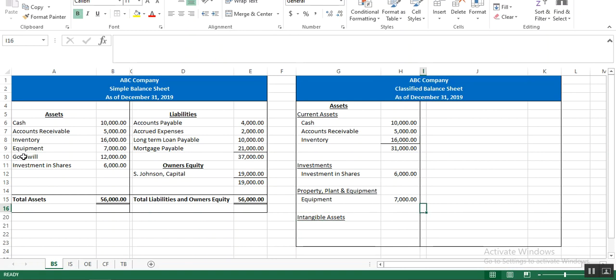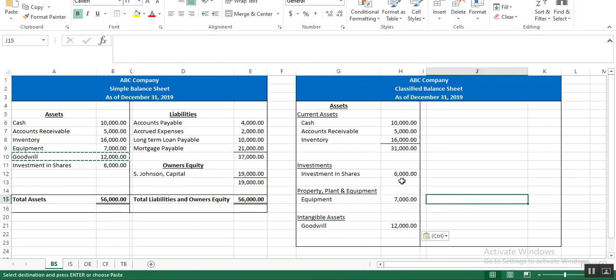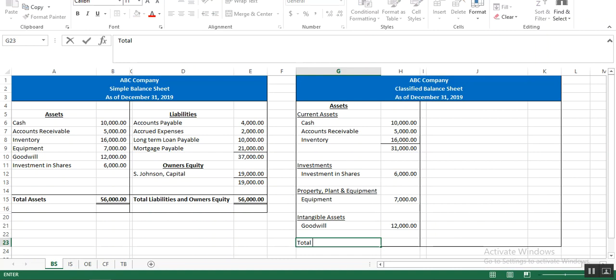And the only one underneath there is goodwill. And so let's copy and paste, and goodwill is added. And so that's all of our assets from this side. And so let's put our total assets because we always show our total. So I can put it underneath here.